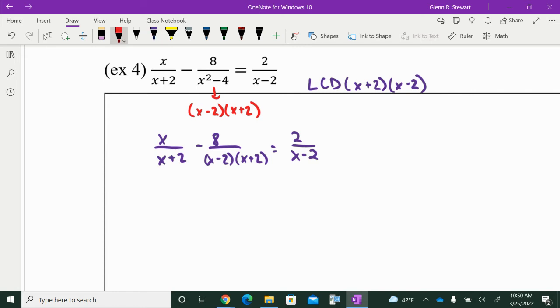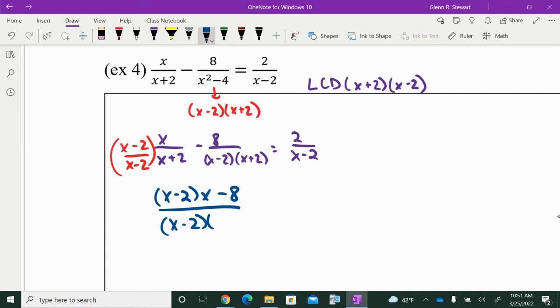So really the only thing that I need to do on this left side is multiply this fraction by x minus 2 on top and bottom, because that's what it doesn't have compared to the other fraction I'm trying to combine it with. So I'll rewrite this as (x minus 2) times (x minus 8) over (x minus 2) times (x plus 2) equals 2 over x minus 2.